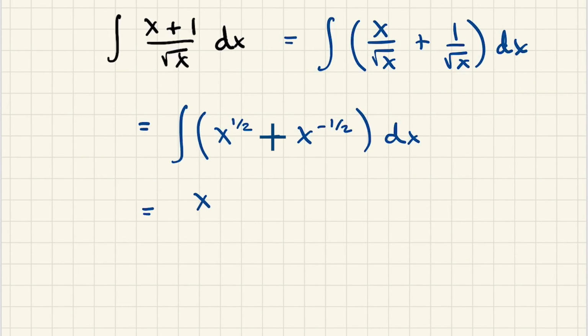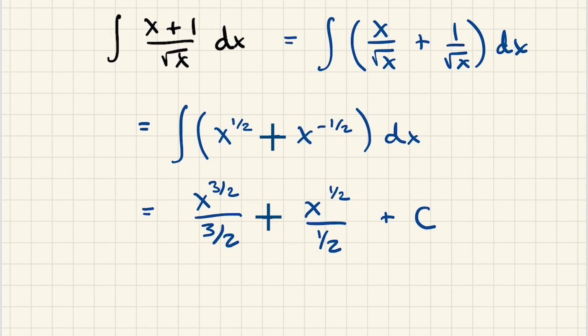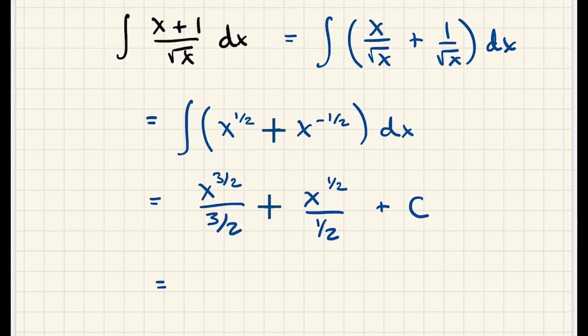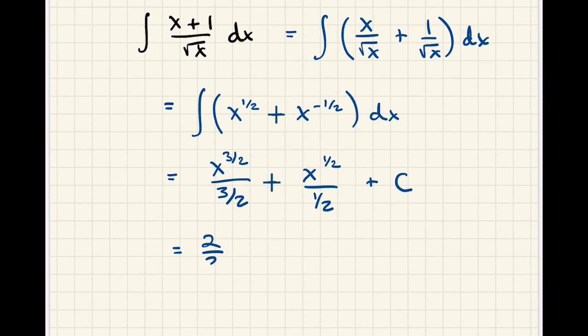So this becomes x to the 3/2 divided by 3/2 plus x to the, okay, negative 1/2 plus 1 is positive 1/2, and we're dividing that by 1/2, plus c. Let's clean it up. That would be 2/3 x rad x plus 2 rad x plus c. Okay, very nice.